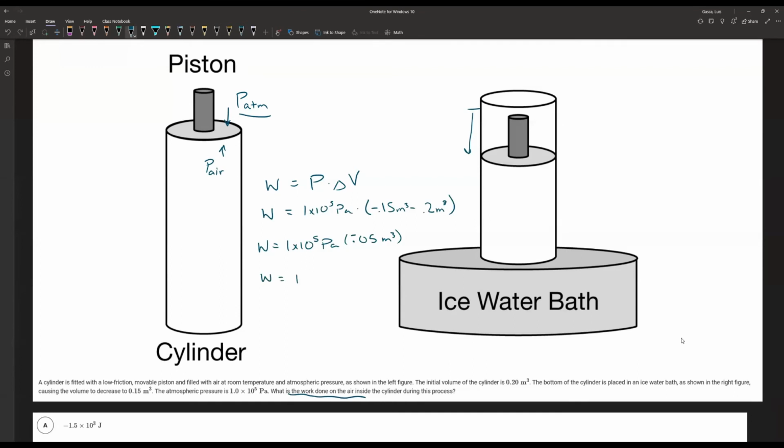And so this is going to be about 5 times 10 to the, we need to move 2 over, 10 to the 5 times 10 to the negative 2, not 5. 5 times 10 to the 3 newtons.